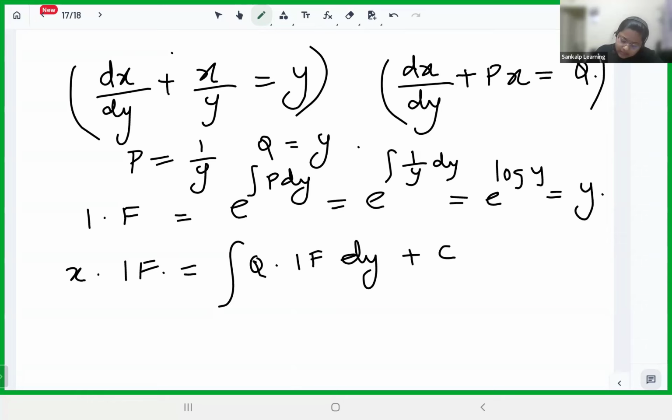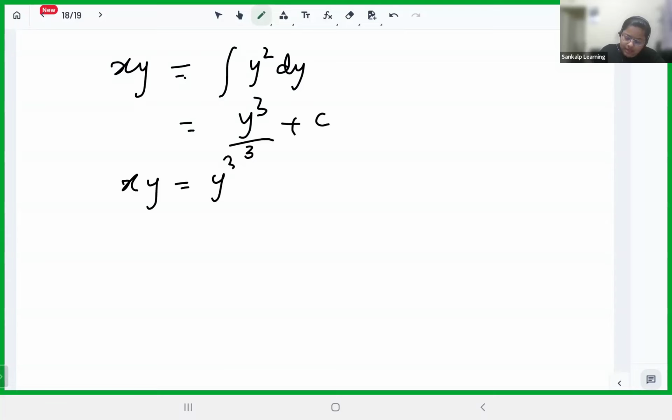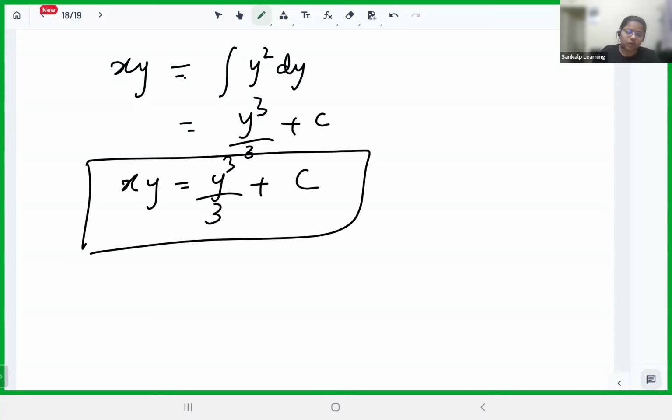The integrating factor is y, and q is equal to y, so y into y is y² dy. So xy equals the integral of y² dy, that is y³/3 + c. So xy = y³/3 + c. This is the solution of that particular differential equation.